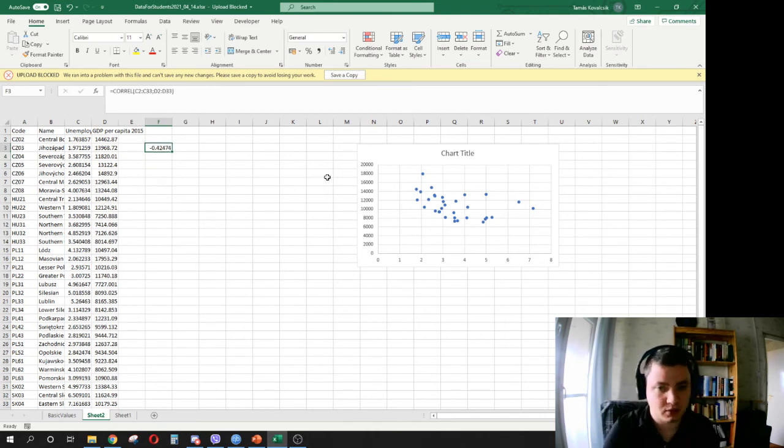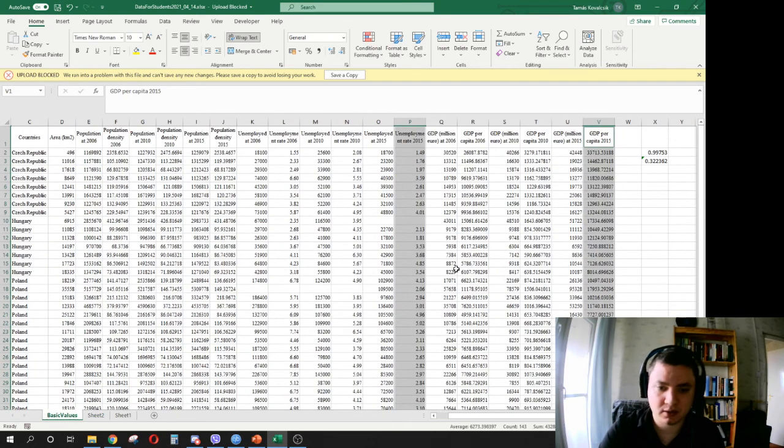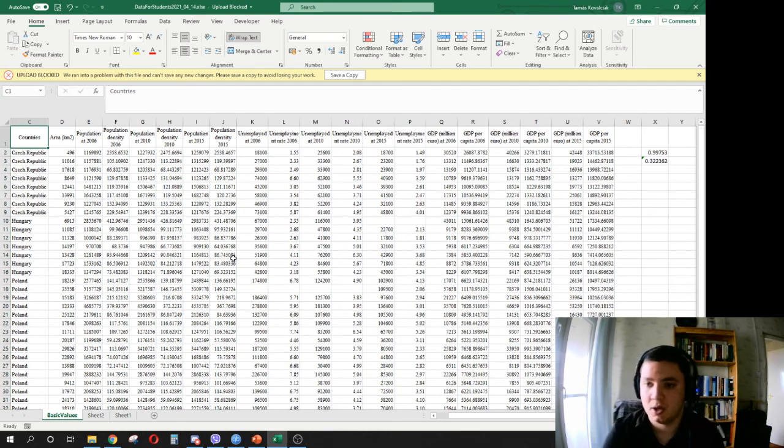We have a negative 0.4, a weak to moderate correlation number between the unemployment rate and GDP per capita, but we can measure the degree of it. Okay, so this was the correlation calculation. This is to measure the degree of the connections, the interrelations between two variables.